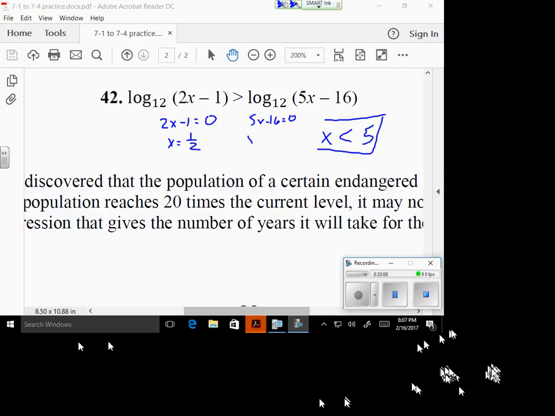Means x, add 16, divide by 5. So it can be no less than the bigger one of these two, which is 3 1/5. So it has to be bigger than 16 over 5.